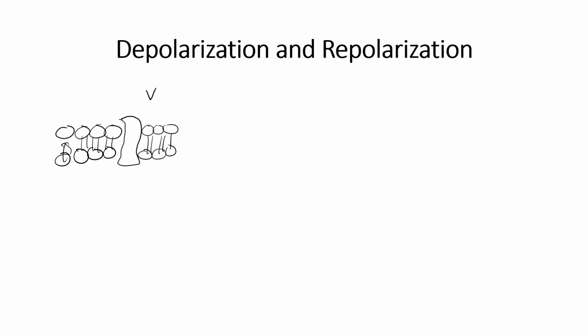Now we come back to depolarization and repolarization. Let's start again with our little cellular membrane here. We have a channel here, and this little channel is a voltage gated channel.